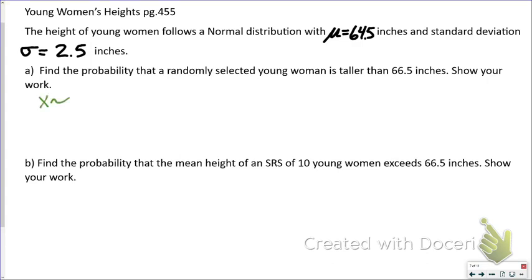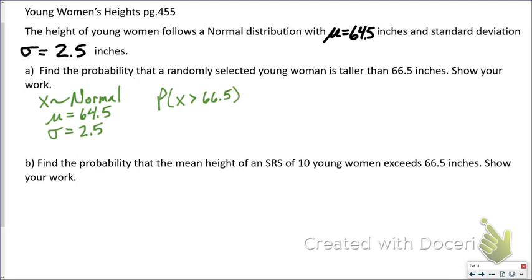So let's call heights X for young women, with a mean of 64.5 and a standard deviation of 2.5. So they tell us that in the sentence up there. The question is just stuff that we did last semester. What are the chances that some random woman is taller than 66.5?